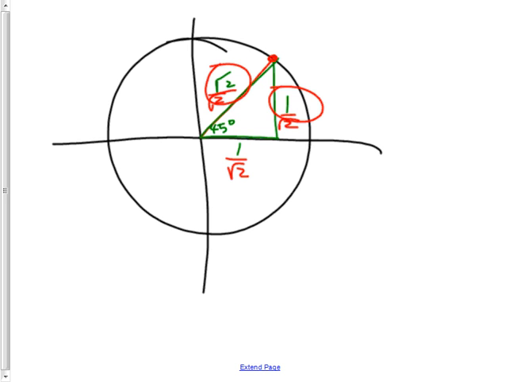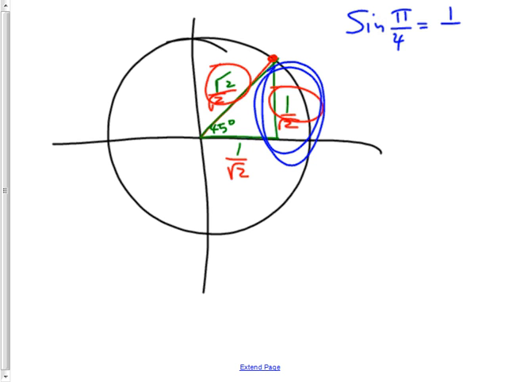But either way, what's the sine of pi over 4? Sine is the y distance. This is the y distance. So it's 1 over square root of 2, and that's over hypotenuse, which is 1. Right?